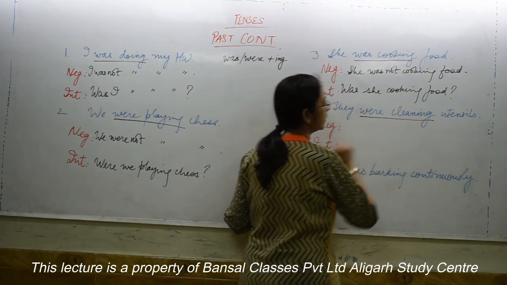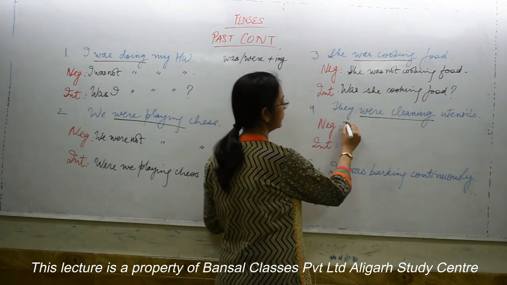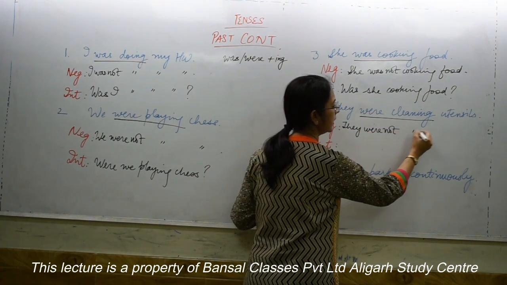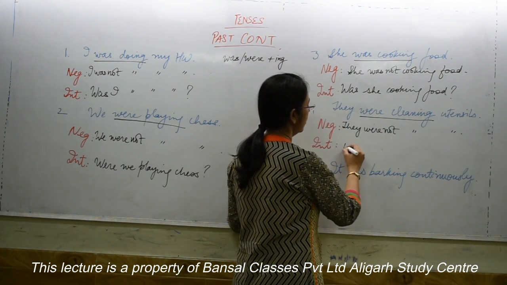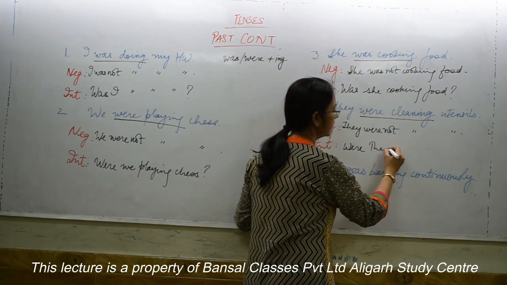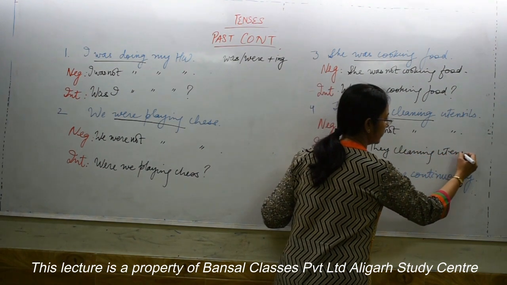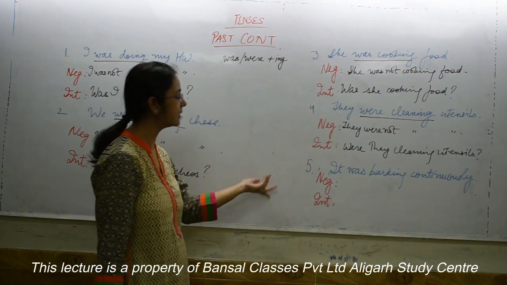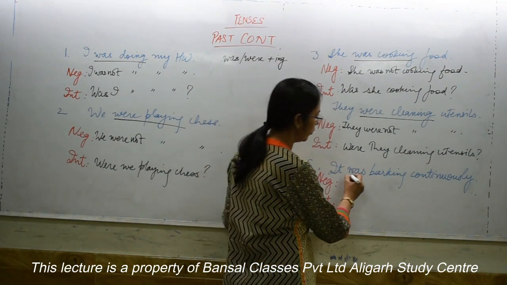They were cleaning utensils. So, negative: they were not cleaning utensils. Interrogative: were they cleaning utensils? It's simple. Now, it was barking continuously. It will come with was.